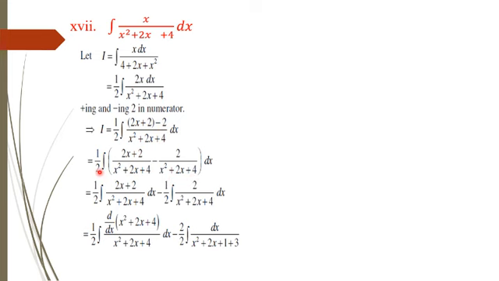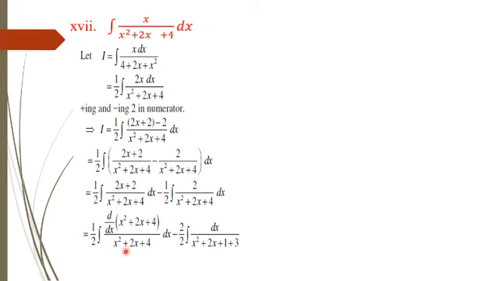Applying 1 by 2 with integration on both expressions, we have 1 by 2 integration of, in the numerator, the derivative of x square plus 2x plus 4. Derivative of x square is 2x and derivative of 2x is 2.